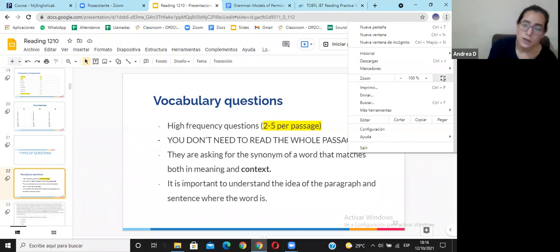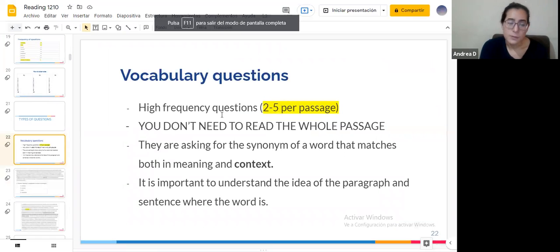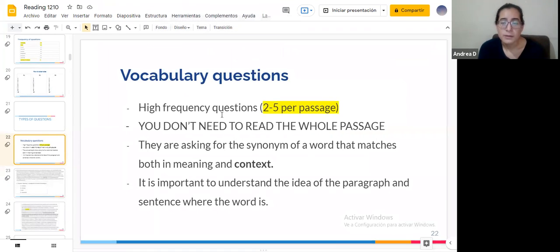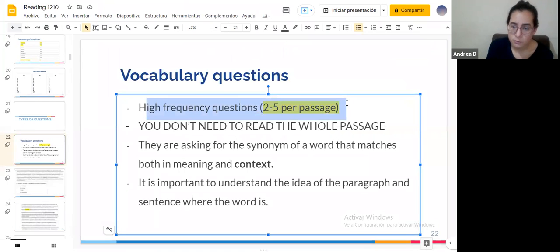Okay, guys. Now, the first type of question we'll see is the vocabulary questions, which are, personally, my favorite, and I'll tell you why. First, you have a lot of them in your reading section, and I really like them because they don't take up that much time.